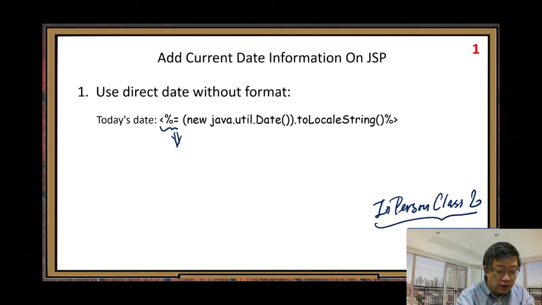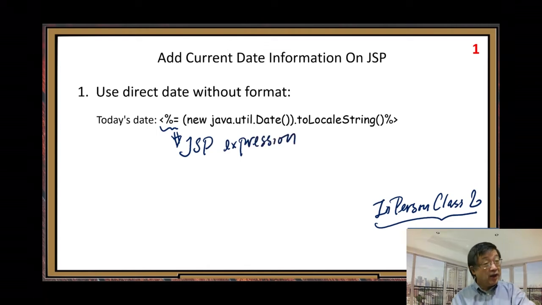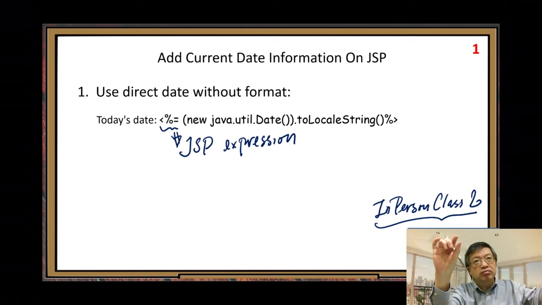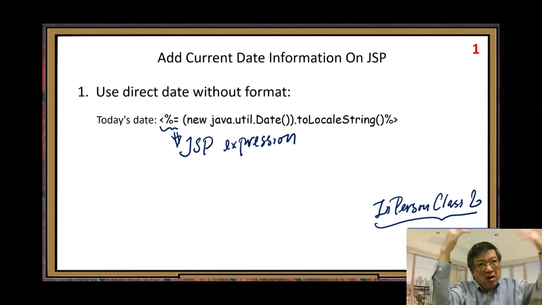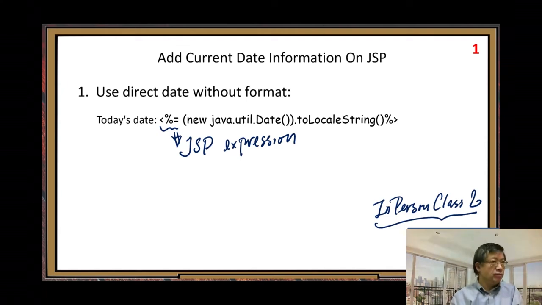We call it a JSP expression. When we talk about a JSP expression, you can only use one line expression. You cannot use multiple statement expressions, only one representation. That's one thing.